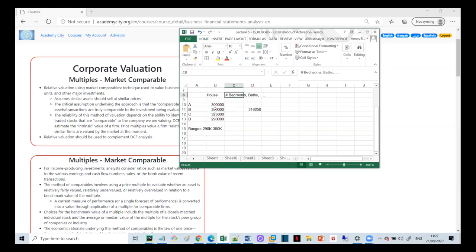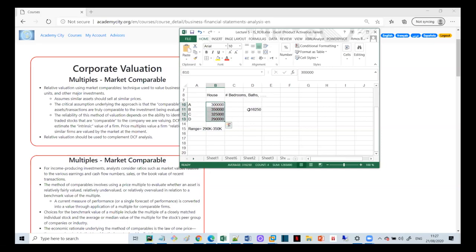It had 4.5, and maybe that's why it was a little more expensive. Let's say this one was 325 because it has a little bigger land than this one, but maybe this had 3 bedrooms and a bigger land. So there is some diversity even between those comparable houses.